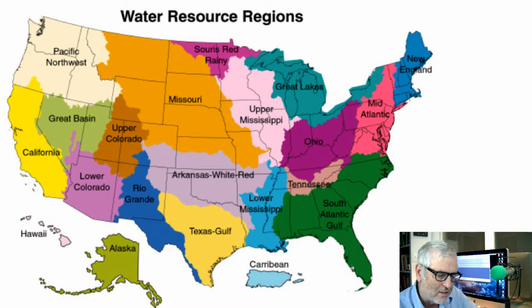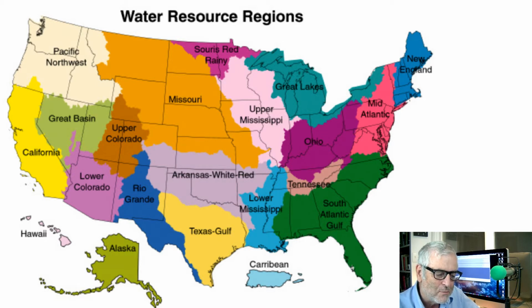What you'll see on this map is, in fact, the Caribbean is down here with Puerto Rico. Alaska has its own water resource region, and Hawaii has its own as well. But if we look at the entire United States here, New England is separated off, the mid-Atlantic states, the South Gulf Coast, and the South Atlantic states also have one. Notice in particular here, there's a lower Mississippi.